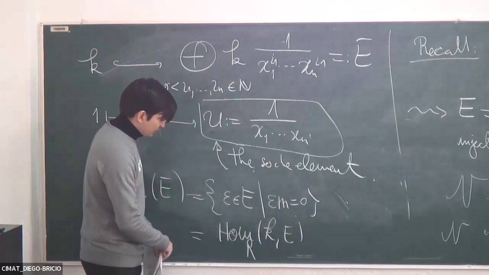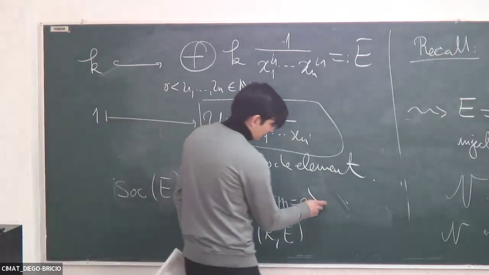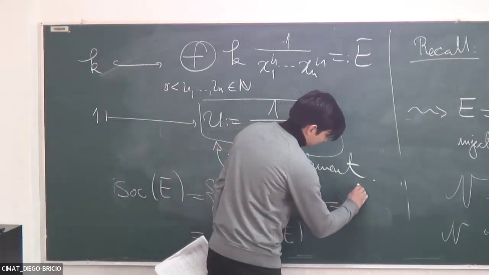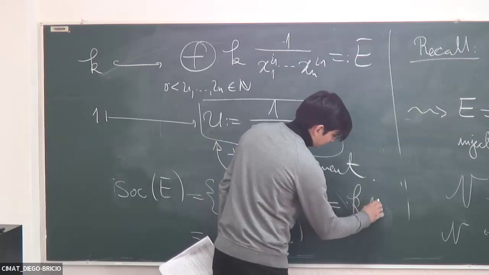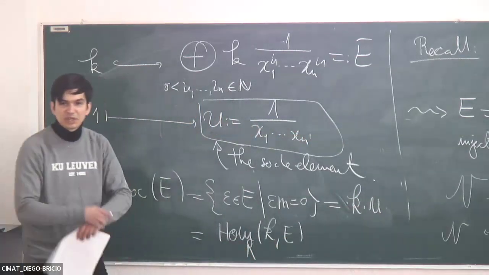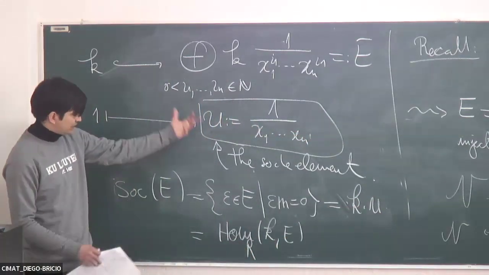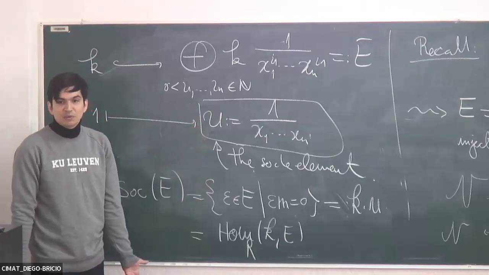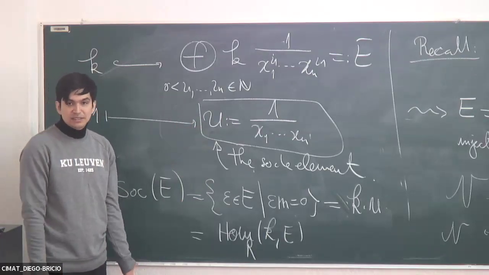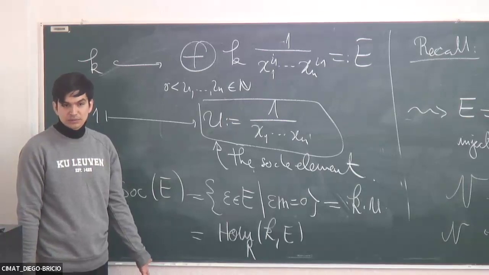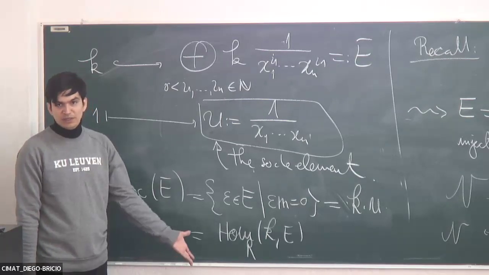So you will see that the socle is none other than K times U, this direct summand, which is the copy of K inside E. In other words, K is self Matlis dual. The Matlis dual of K is itself.